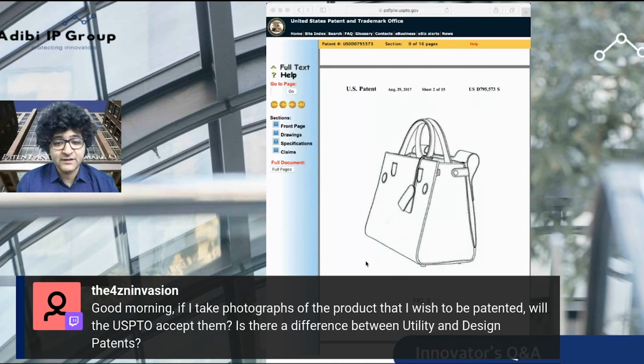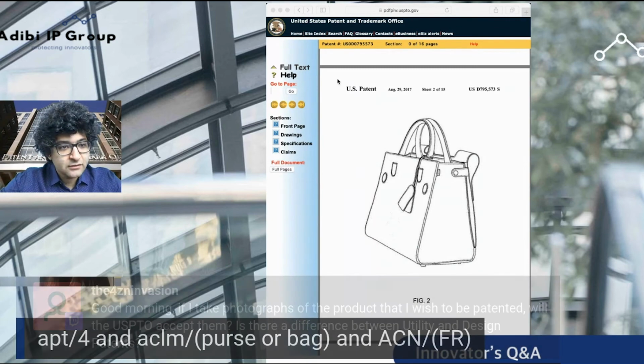Design patent protects the ornamental features of something, so how it looks. If it's a very unique, distinctive, and unusual design, then it's possible to get a design patent on it. Utility patents last longer than design patents. Generally, they have stronger protection. However, design patents tend to be easier to get allowed and get through the patent office. I hope that answers your question, Invasion.